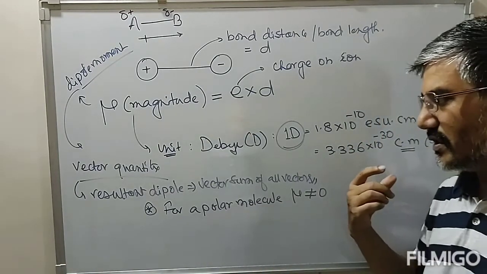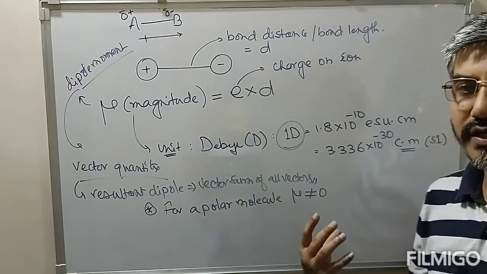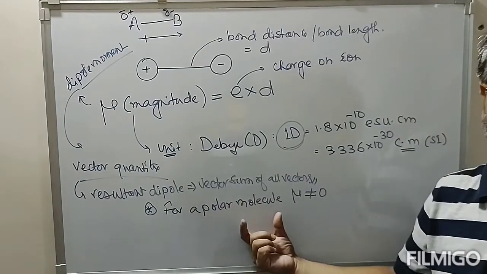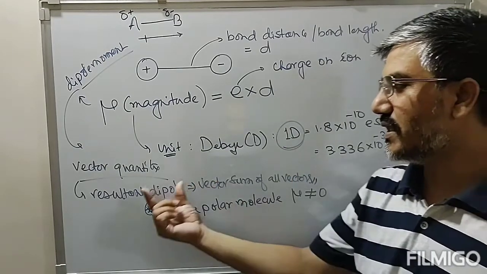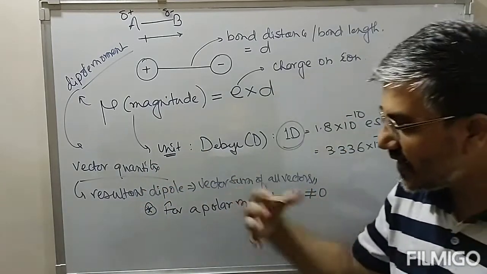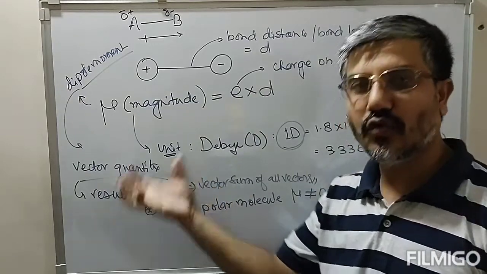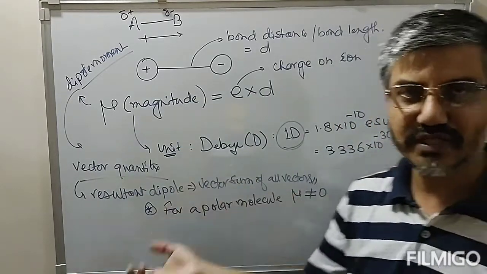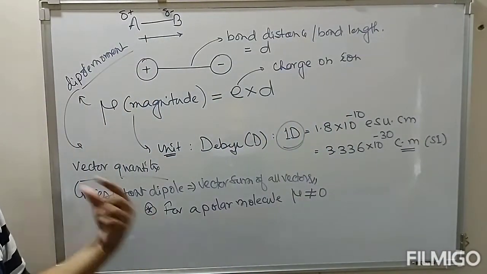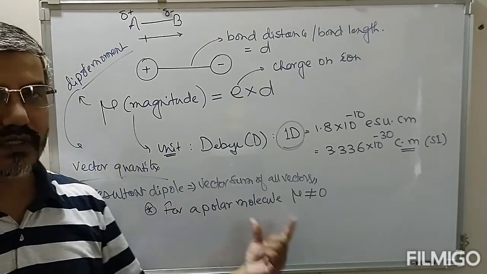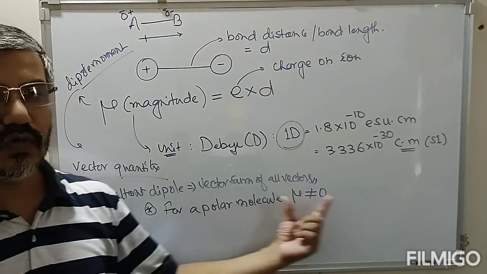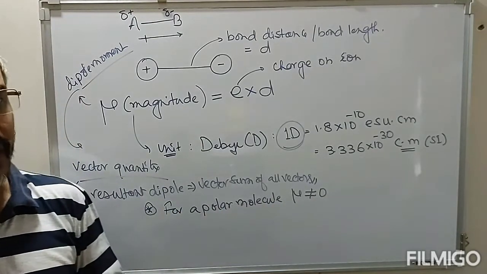Now look at this. We may have more than one dipole in a given molecule, but the resultant vector may be 0. So just the presence of a dipole is not a sufficient condition for a compound to be polar. What we are saying is, if the resultant of all the vectors present in the molecule has some finite value, then we say this is a polar molecule. If the resultant of all the dipoles present in the molecule is 0, then the molecule is known as a non-polar molecule.